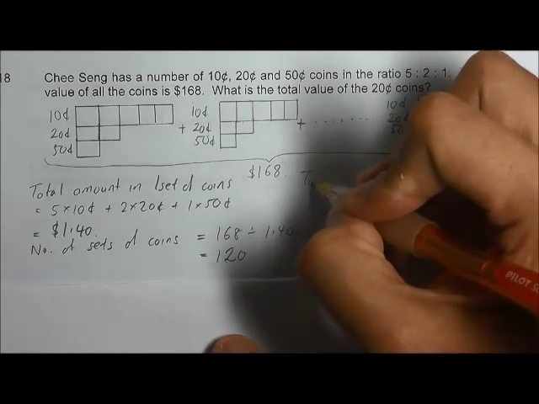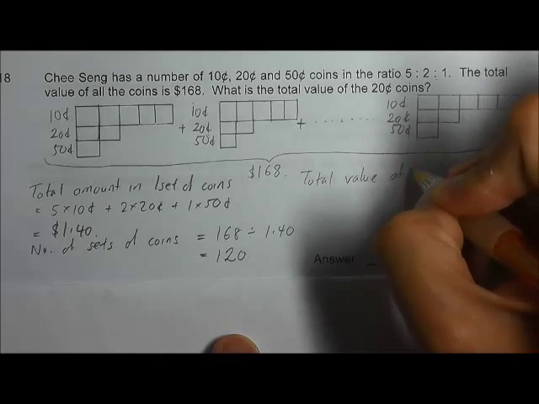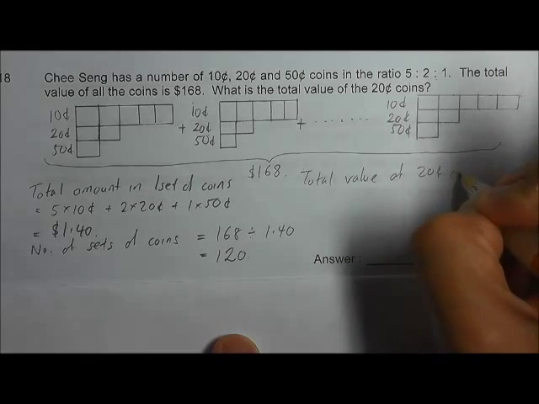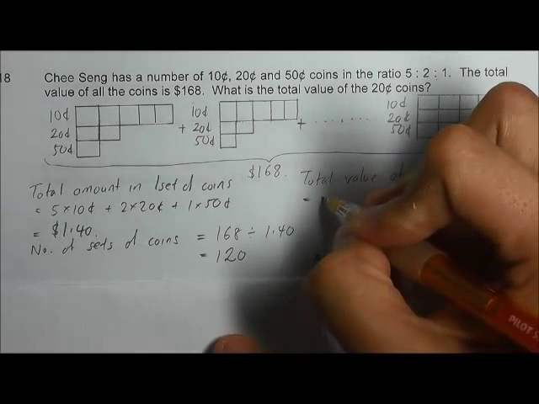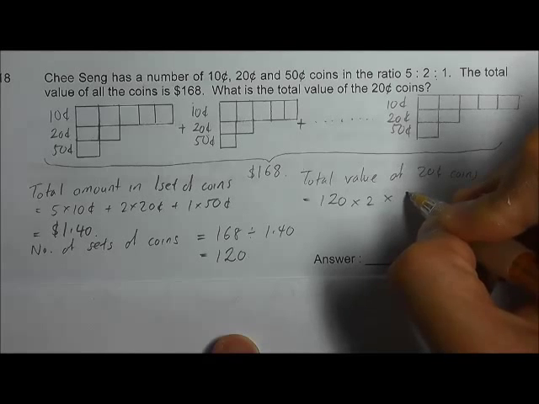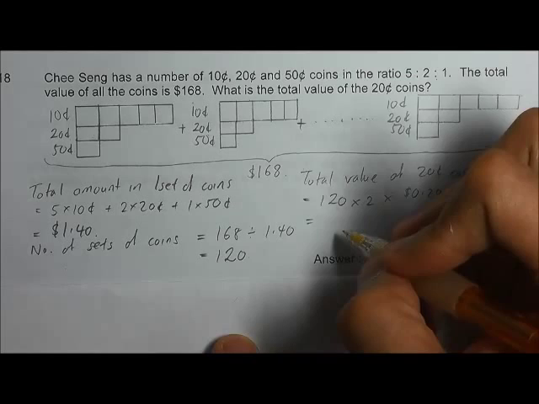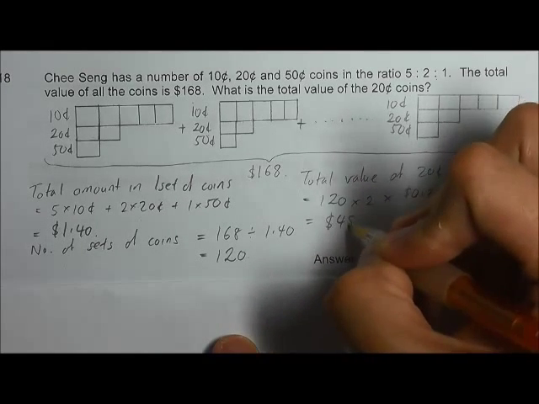So the total value of 20 cents coins will be 120 times 2 times 20 cents. That will give us $48.